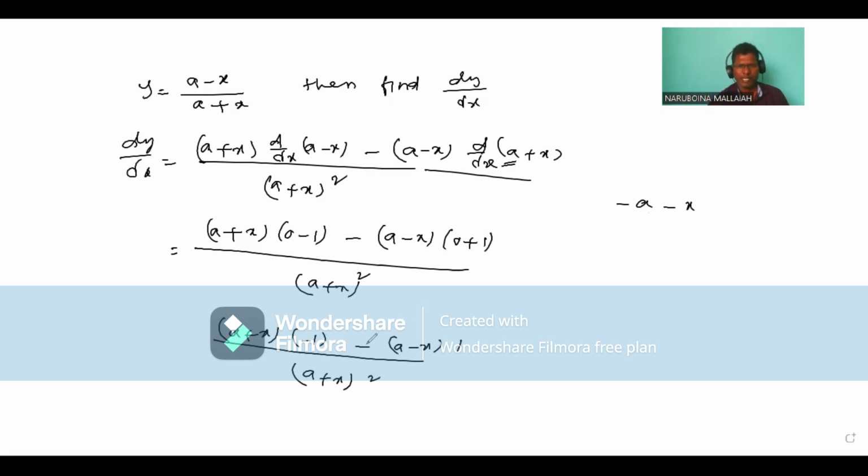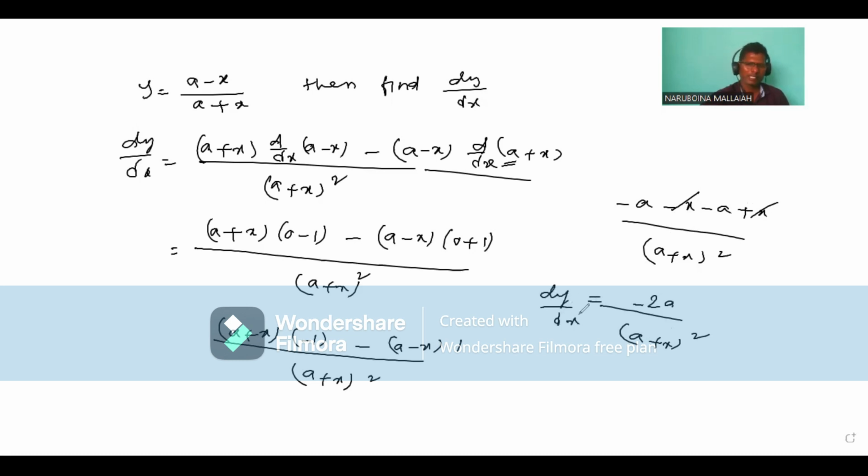Here, minus a minus x into 1, minus a, minus into minus, plus x, into 1, plus x, right? By a plus x whole square. Here, minus x plus x gets cancelled. Minus a minus a becomes minus 2a by a plus x whole square. This is the required differentiation. So the dy by dx value is minus 2a by a plus x whole square.